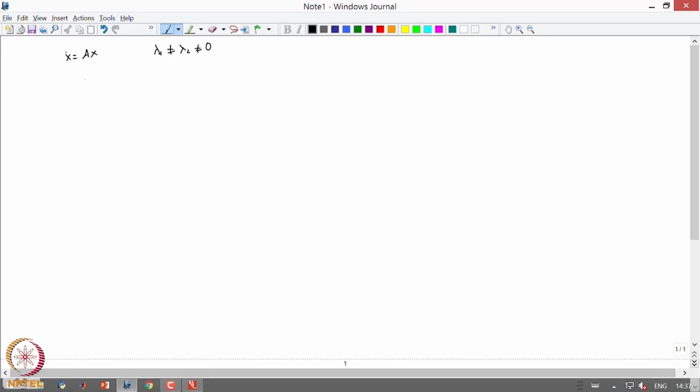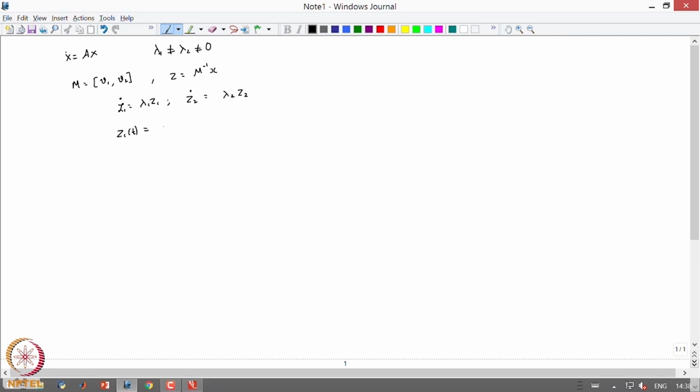Now, I know in this case that by taking its eigenvectors v 1 and v 2 and a coordinate transformation which looks like this, M inverse x, I can transform this system into a diagonal form. The diagonal form looks like this: Z1 dot is lambda 1 Z1 and Z2 dot is lambda 2 Z2, and this will have solutions.